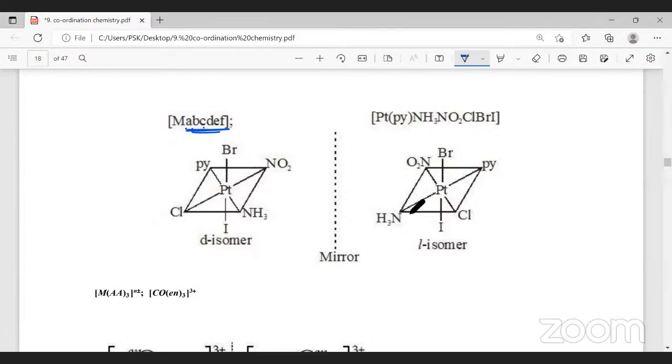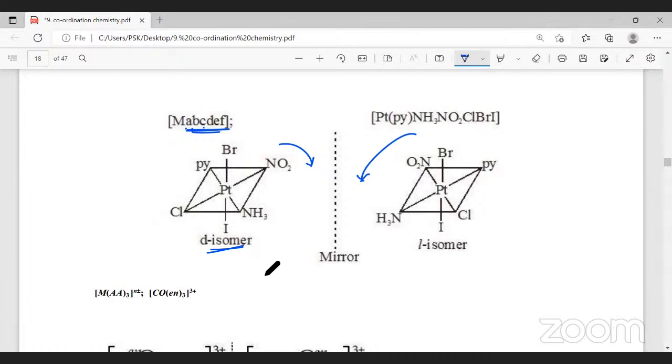In this case, NO2 and ammonia are on the left-hand side of the platinum. They will not have superimposable mirror images. So the condition is satisfied for the molecule to exhibit optical isomerism. This molecule rotates the plane polarized light clockwise, dextrorotatory. This molecule rotates it anti-clockwise, therefore it is called levorotatory.